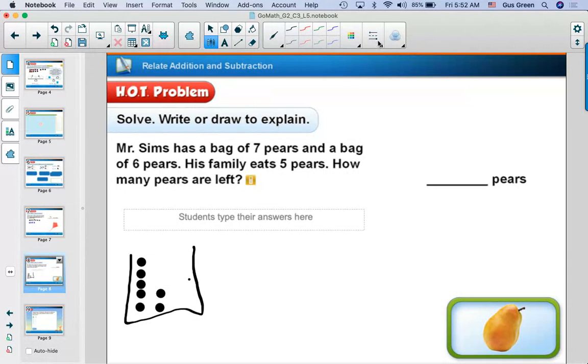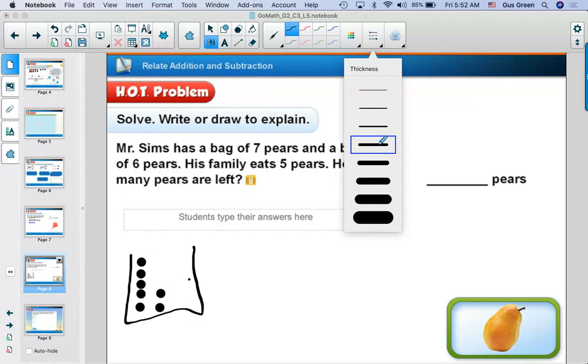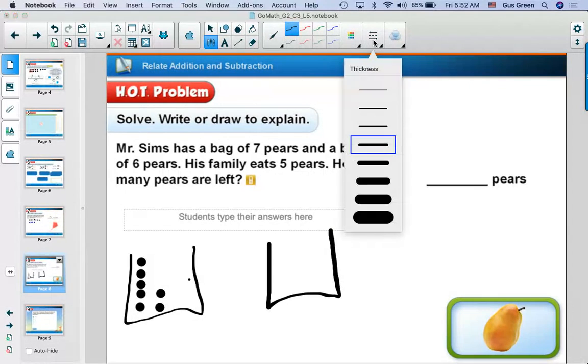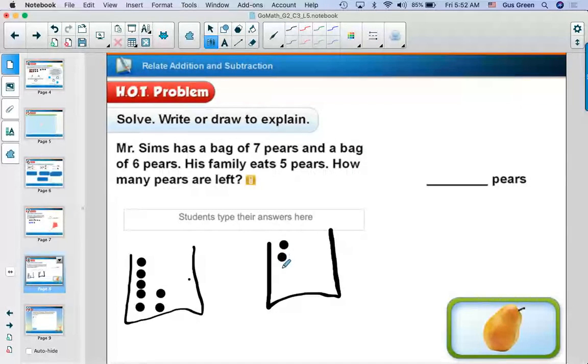And then he has another bag with 6 in it. Let's do 6 more dots for that one. 1, 2, 3, 4, 5, and 6. So he has a bag of 7 and a bag of 6.